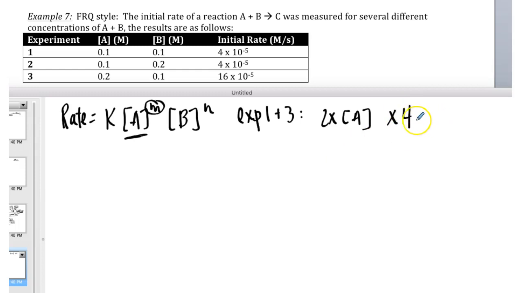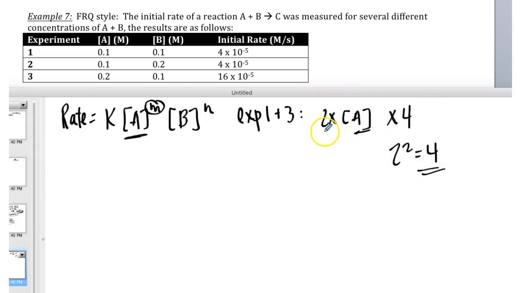So we know that A is not going to follow a first order. Because if it was first order, it would be 2 and 2. Instead, the rate quadrupled. Okay, so it increased by a factor of 2. So you increased it by 2. So it's 2 to the power of 2, which is 4.